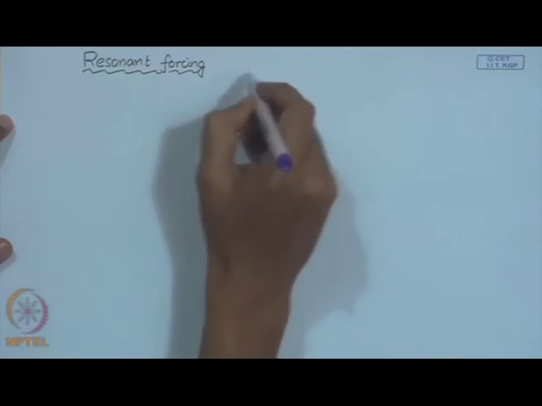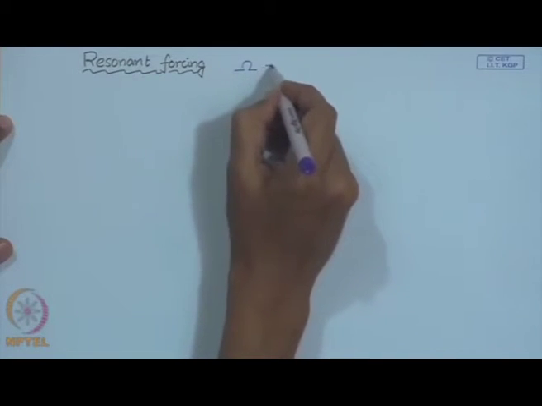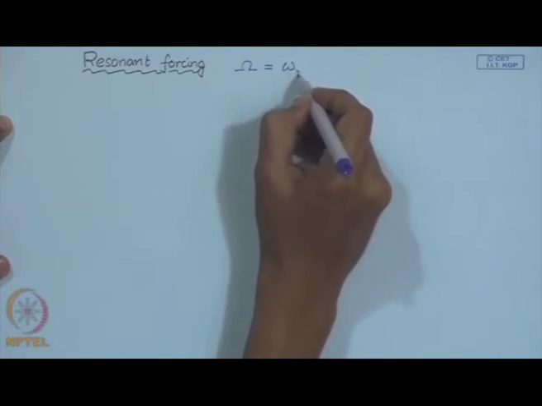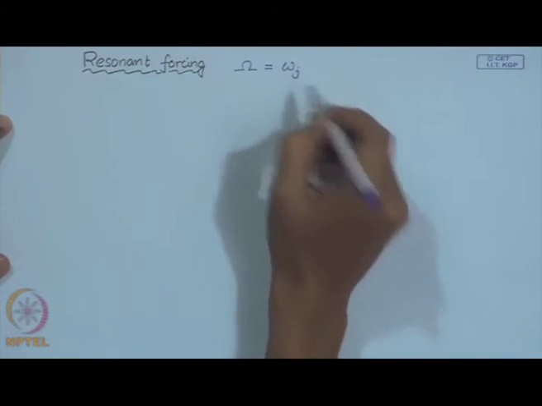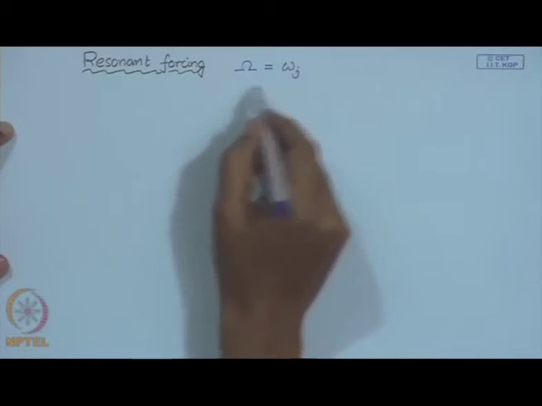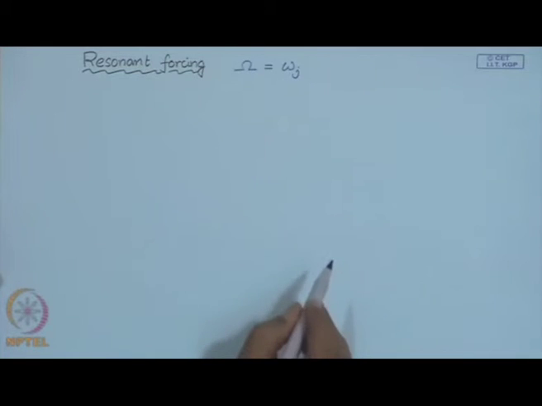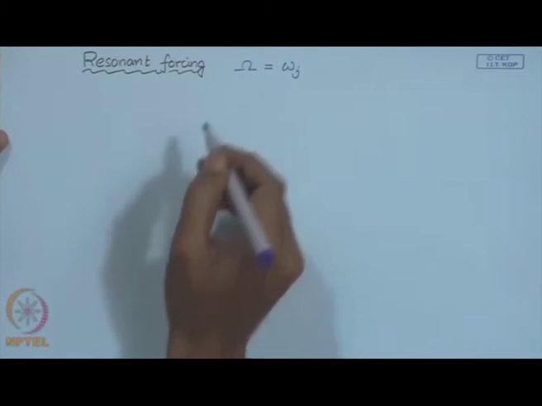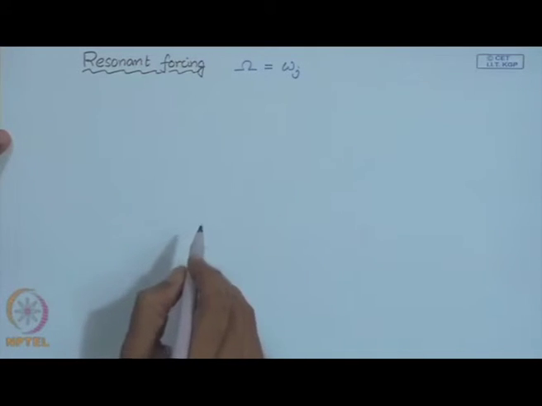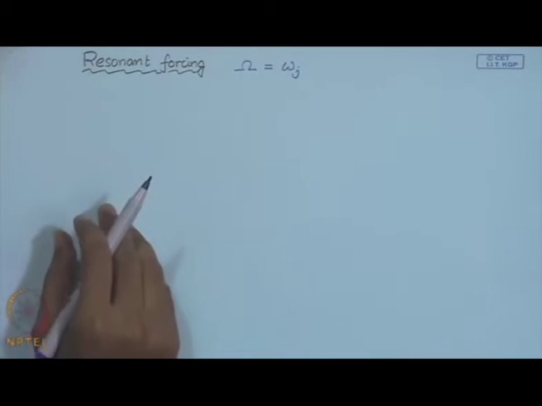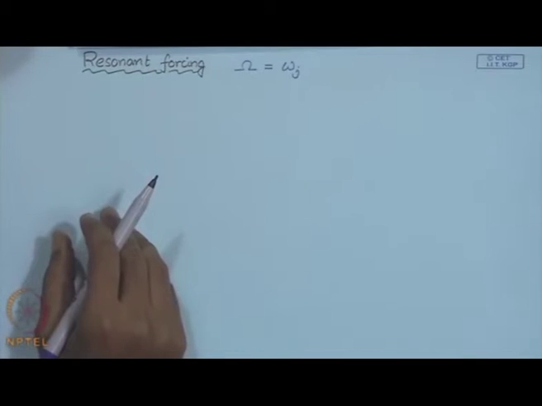Let us assume that the forcing frequency is equal to one of the circular natural frequencies of the system, let us say the jth circular natural frequency. In that case, let me write this equation once again.